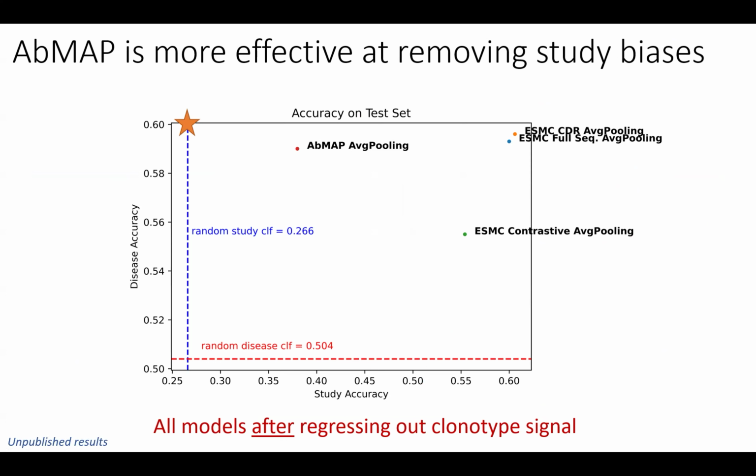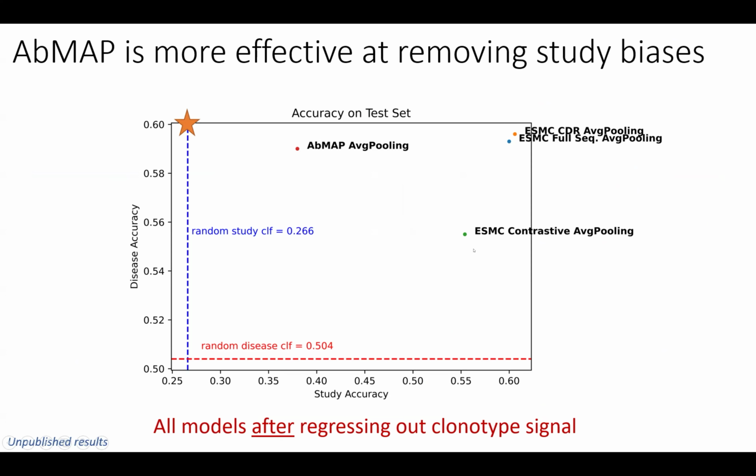And here you want to be as high as possible. So essentially this star is where you want to be, which is maximally accurate on the disease and basically random on the study. What you actually see is that a regular protein language model and even the CDR subsetting of it is good at distinguishing diseases, but it is actually very good at distinguishing studies as well.